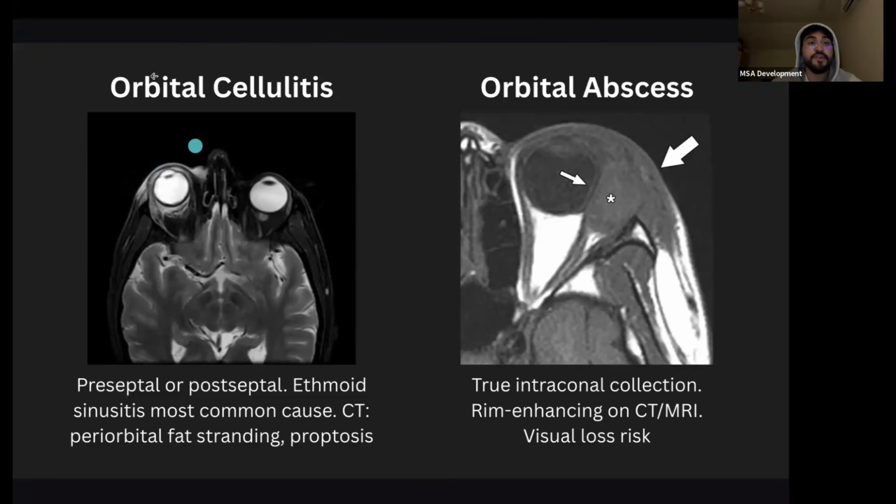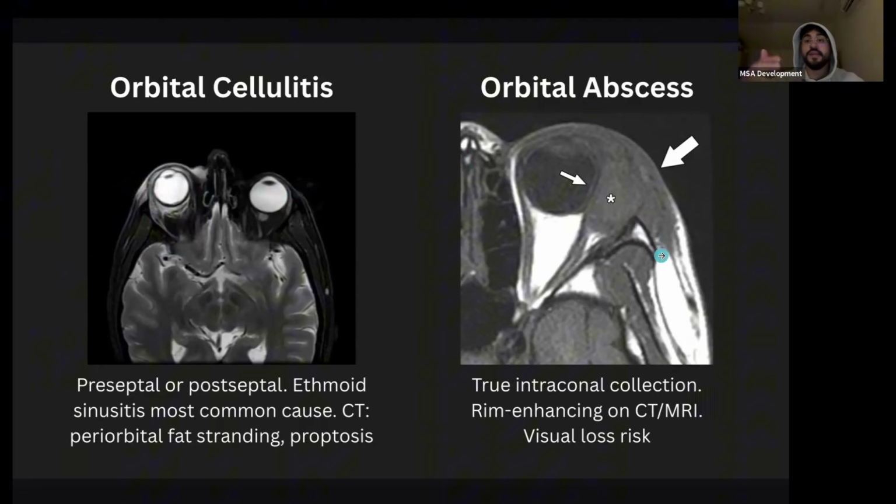Lastly, we have here the orbital cellulitis. So here you can appreciate the hyperdensity in this area, okay? Usually, orbital cellulitis is due to ethmoidal sinusitis, most common. And you can see that there's proptosis as well, because they're not lining up similarly.